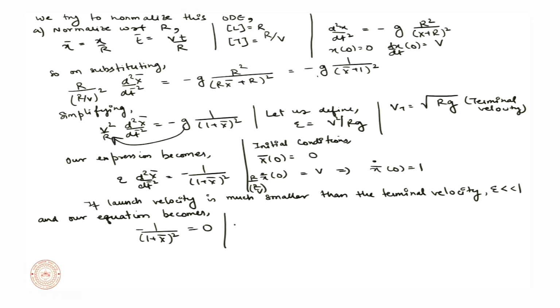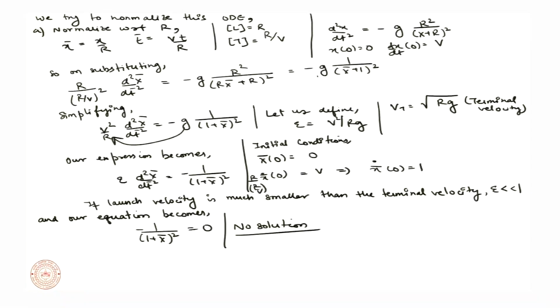Now, this expression has no solution, and we cannot solve this because 1 by x bar square, anything square, is always positive. 1 by anything always positive can only be 0 if the denominator becomes very large. So, only at x bar tending to infinity will this converge to 0. So, we do not have a solution for this.